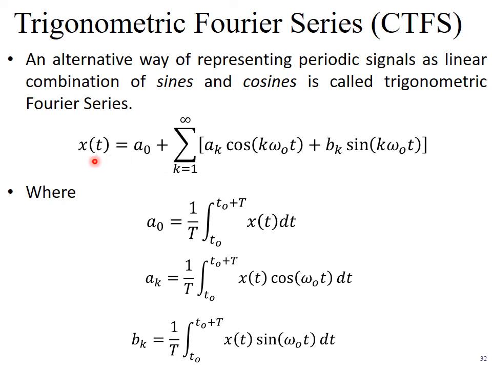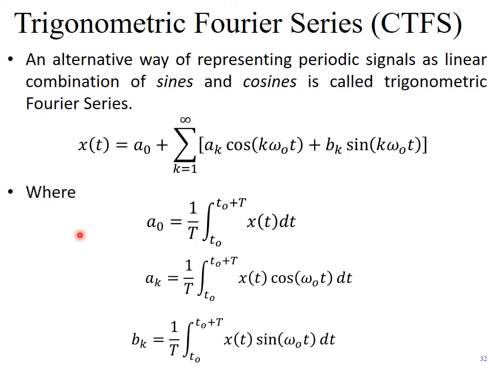So in this Fourier series, x of t is equal to a naught, which is again the DC component, plus the sum from k equal to 1 to infinity. Then we have a cosine function multiplied by ak and a sine function multiplied by bk. So now we have 3 coefficients to determine: a naught, which is the DC value, then ak, the coefficient of the cosine function, and bk, the coefficient of the sine function.